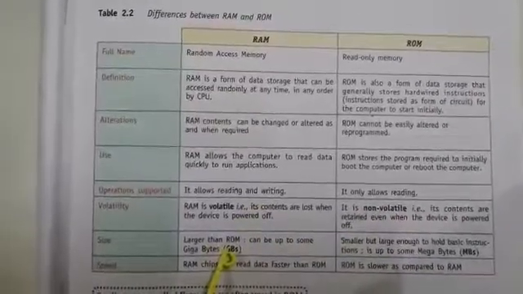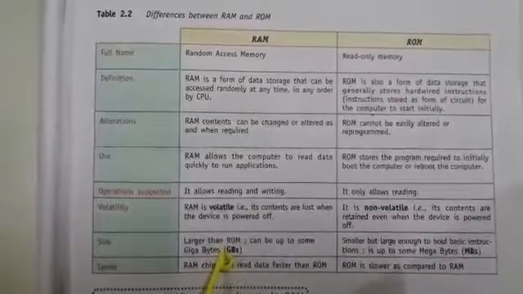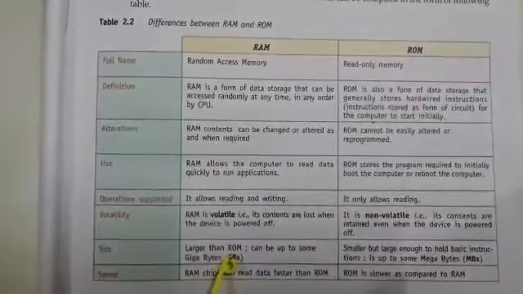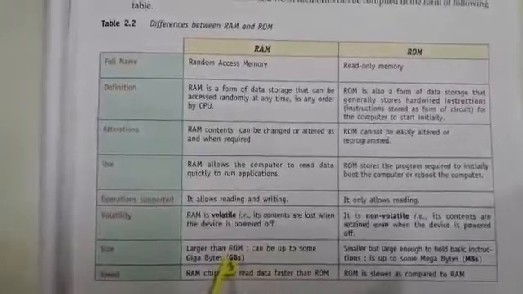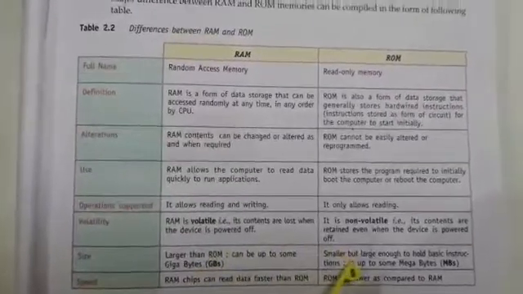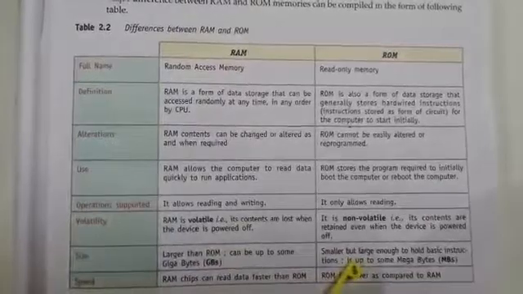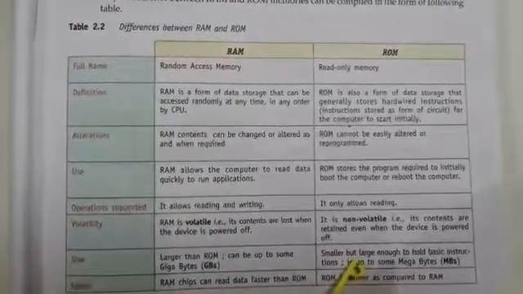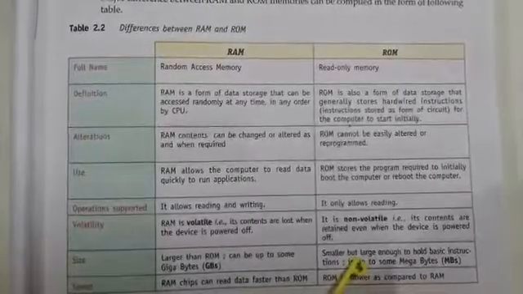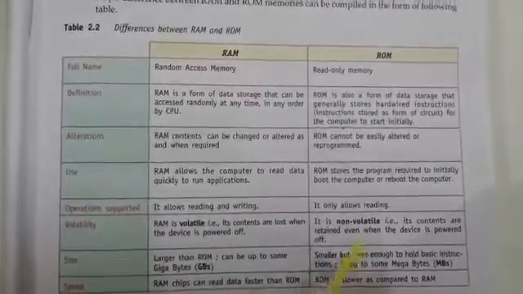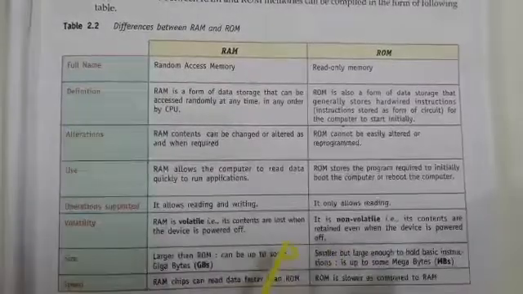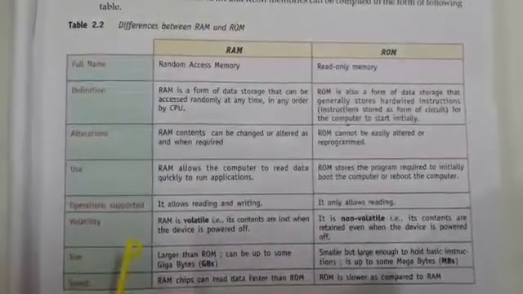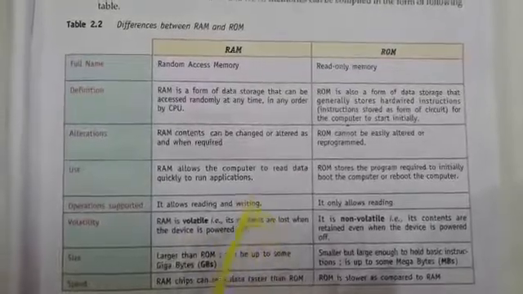Then, RAM is larger than ROM and stores data in GBs, but ROM is smaller than RAM and contains only that amount of data which can hold basic instructions, in MBs only.